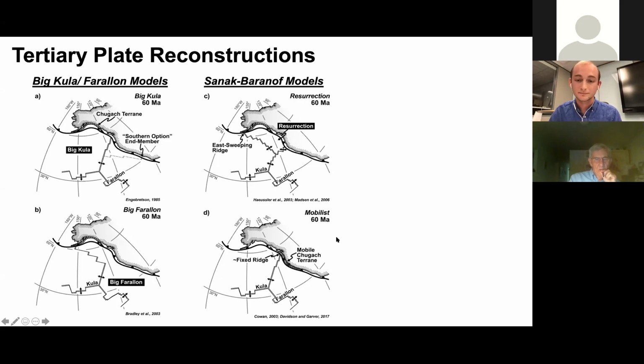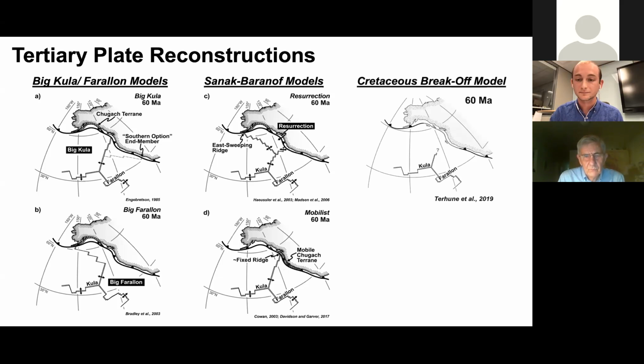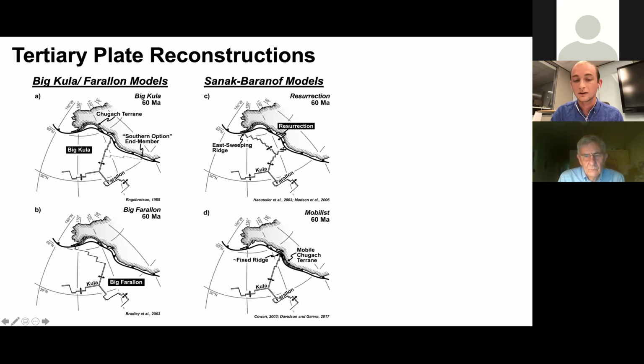An alternate possibility for how to explain these two suites of near trench magmatism is what we're calling the mobilist model, where there's still a single mid-ocean ridge subducting somewhere around the Pacific Northwest. But in this scenario, the near trench magmatism in Alaska is explained by translating the Chugach terrane, which is what those intrusions are emplaced into, and moving that down to intercept this mid-ocean ridge.